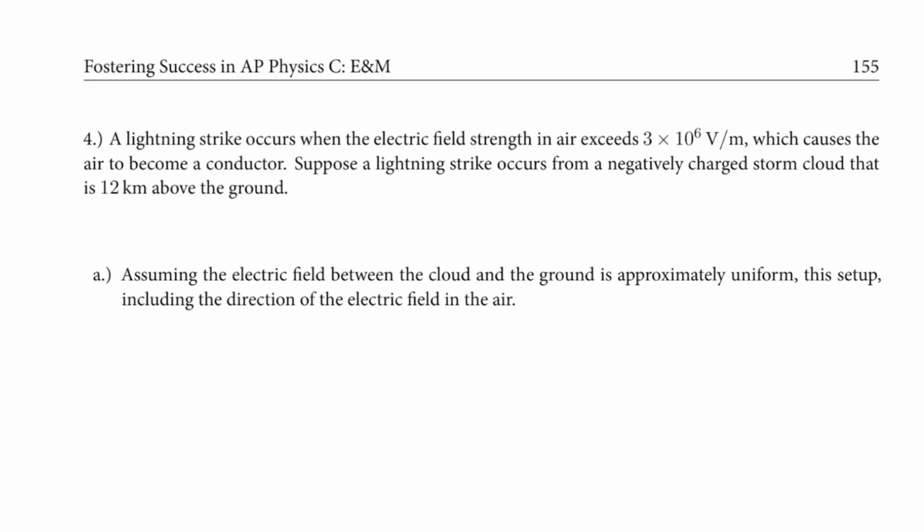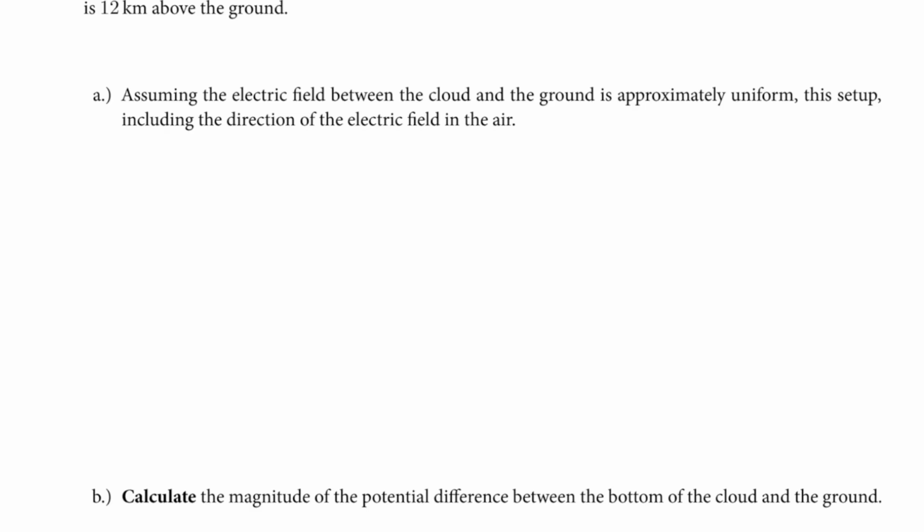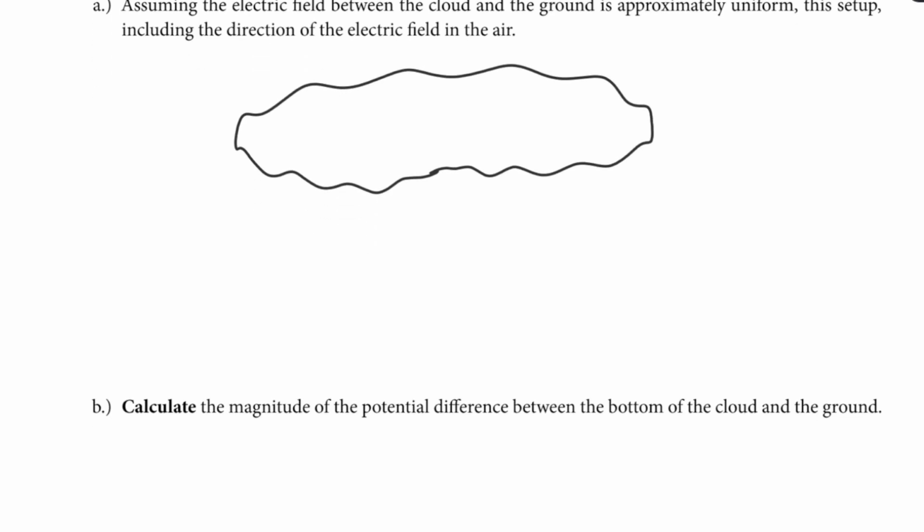So let's say that a lightning strike occurs from a negatively charged storm cloud 12 kilometers above the ground. How this will work is we'll say that we have a nice big storm cloud up here, and we're going to say the negative charges are on the bottom of the storm cloud. This is our model for it. Again, it is just a model.